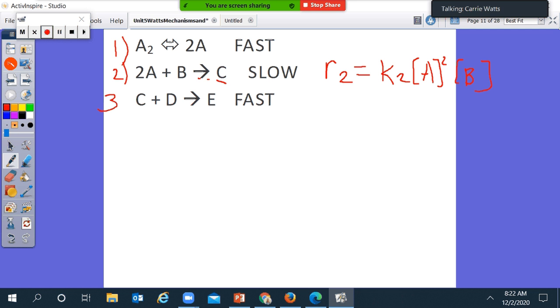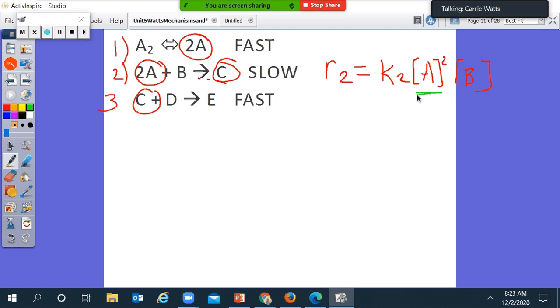Now let me just make sure I'm doing something right. I feel like I'm missing something. Oh, no, I'm not. But we determined in the last part that A and C were our intermediates, so let's circle them. That means we have to substitute for A. We can't leave that in our final rate equation.